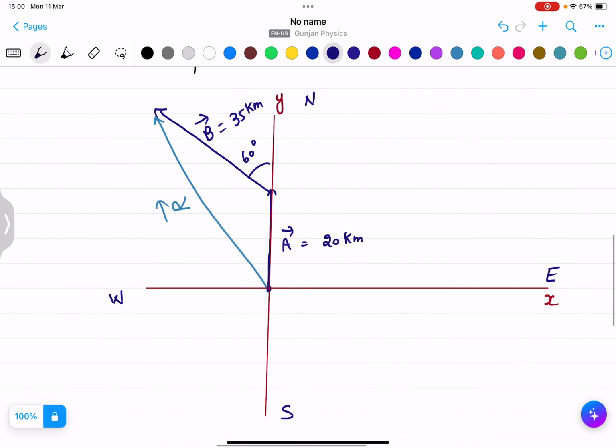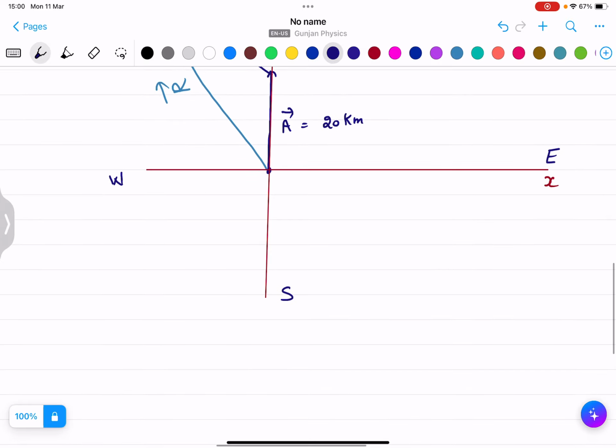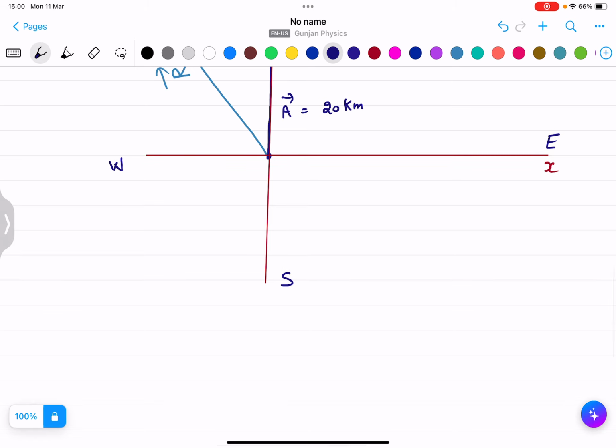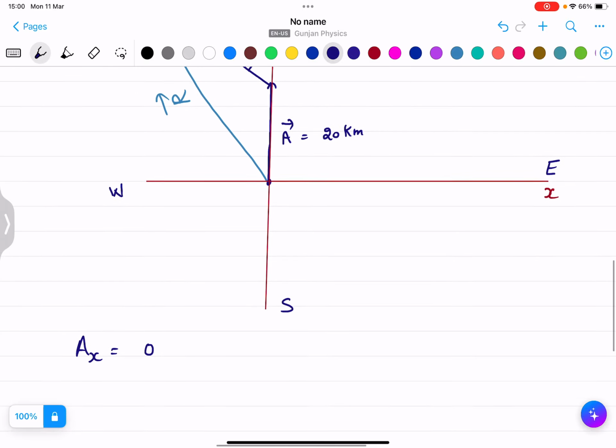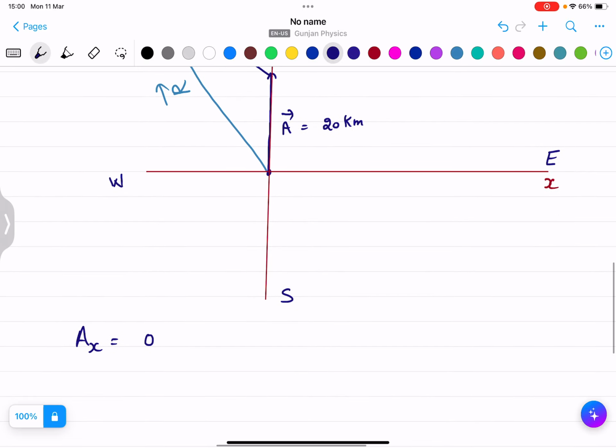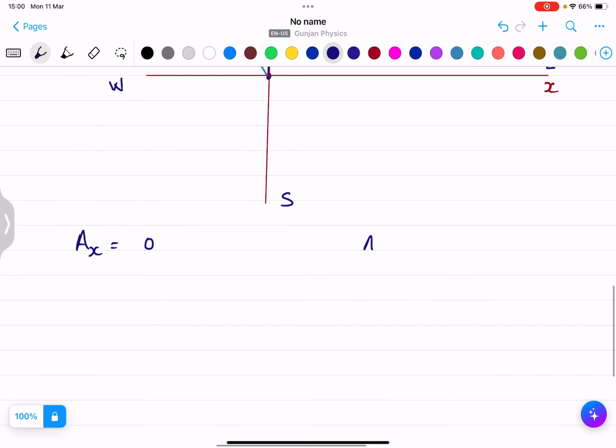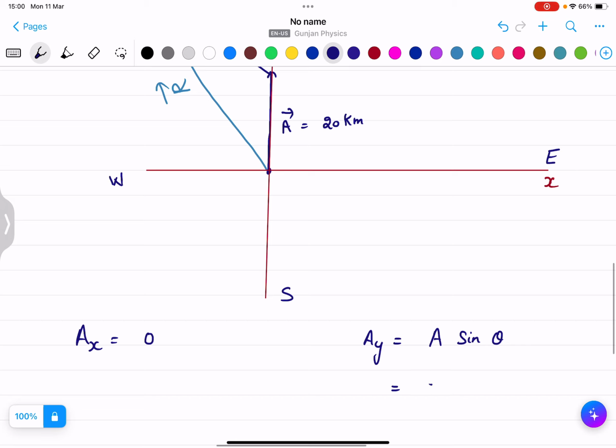Very simple question. First of all, we will write the components of the vector. A vector is not having anything in the x direction, so ax will be equal to 0. And ay equals a sine theta. A is the magnitude, so it is 20 sine theta.